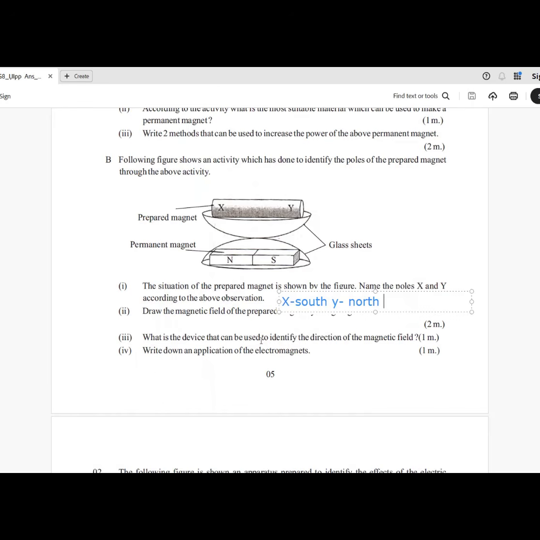Draw the magnetic field of the prepared magnet by using magnetic field lines. Then you have to draw the magnetic field lines of the bar magnet. After drawing, you have to name the north and the south poles.